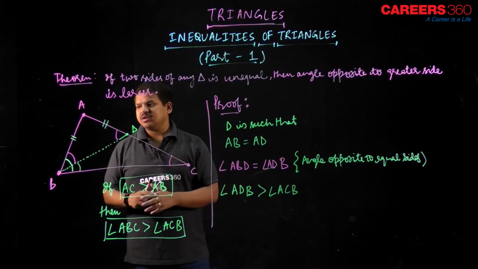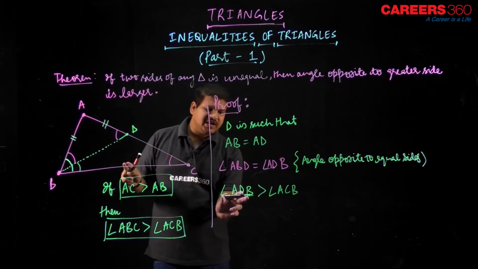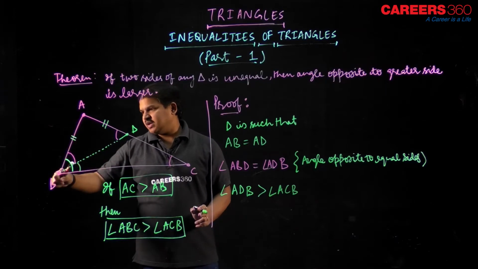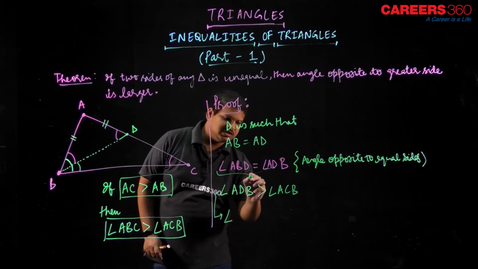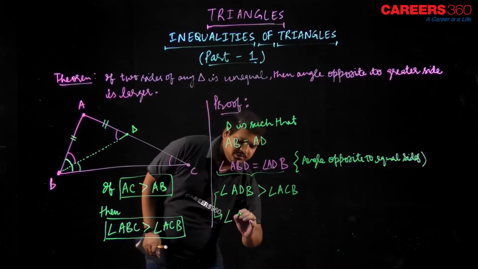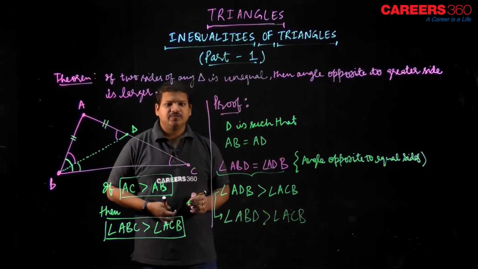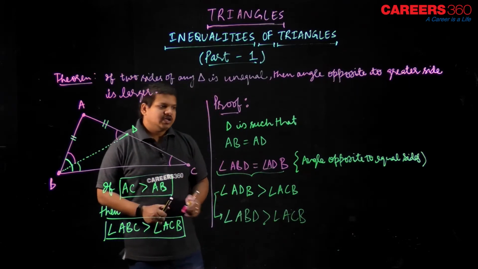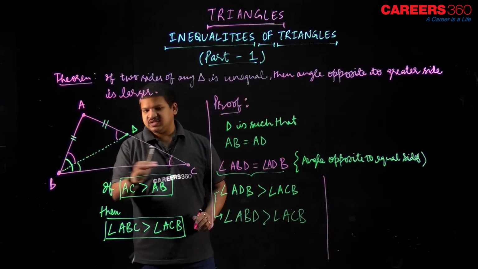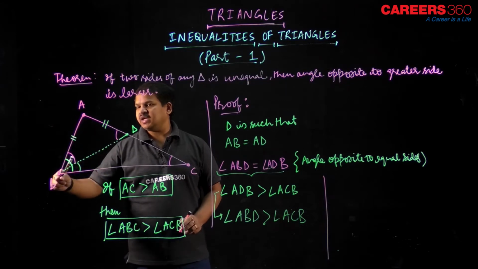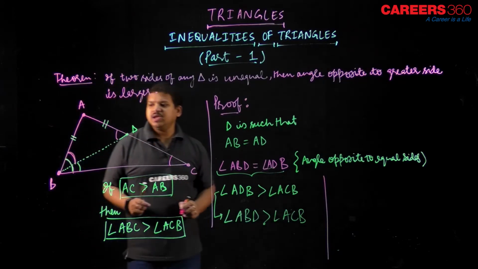Now, in general, angle ADB is equal to angle ABD. So this statement can be rewritten as angle ABD is greater than angle ACB. I hope it is making sense. And now, angle ABC is obviously greater than angle ABD.